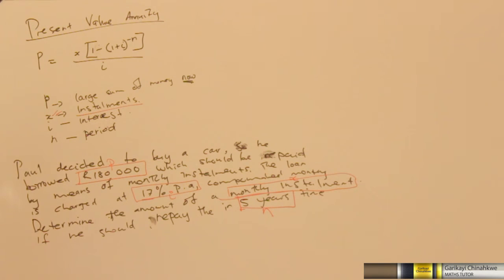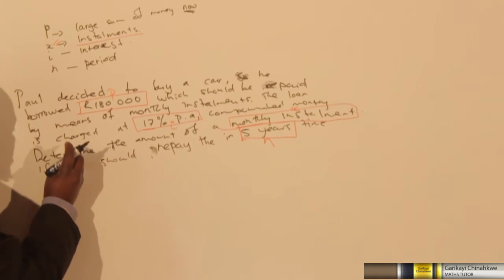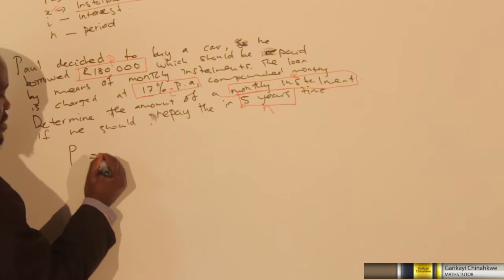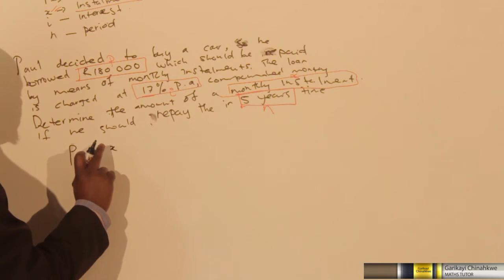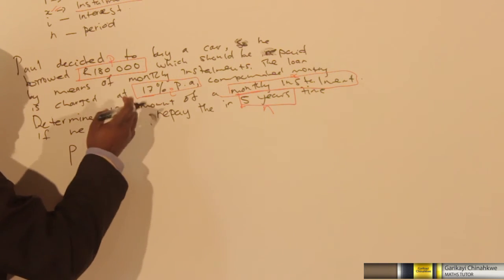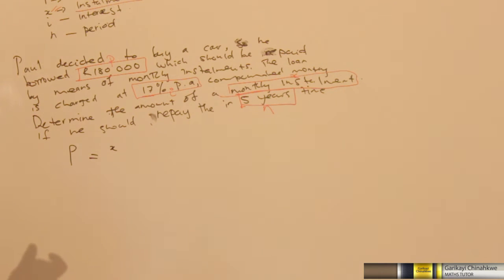Okay. First of all, you're supposed to write down the formula, whereby you're going to say P, present value, which is the large sums of money now, is equal to X. X is the amount of monthly installment. In this case, it's monthly installment. Sometimes you're supposed to repay it yearly or quarterly, but in this case, it's monthly.